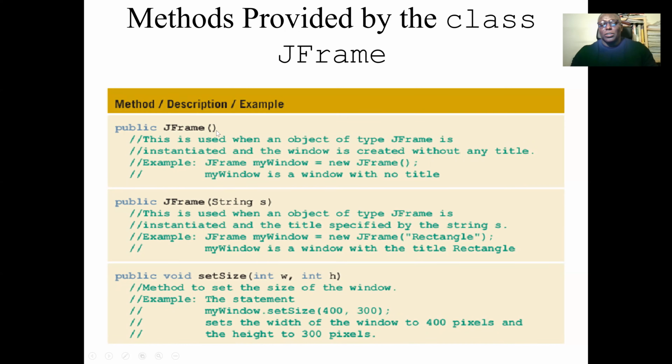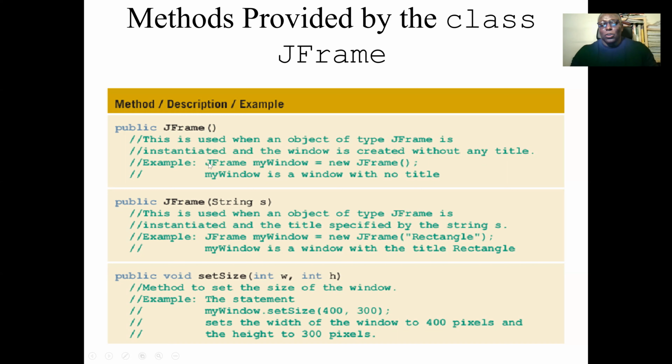First is the constructor. Here we have a default constructor, JFrame, with no arguments, which means we are going to create a window with no title. This is used when an object of type JFrame is instantiated and the window is created without any title.